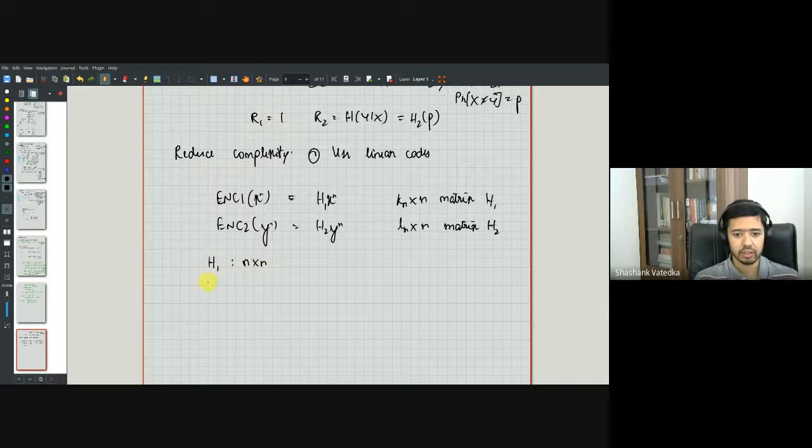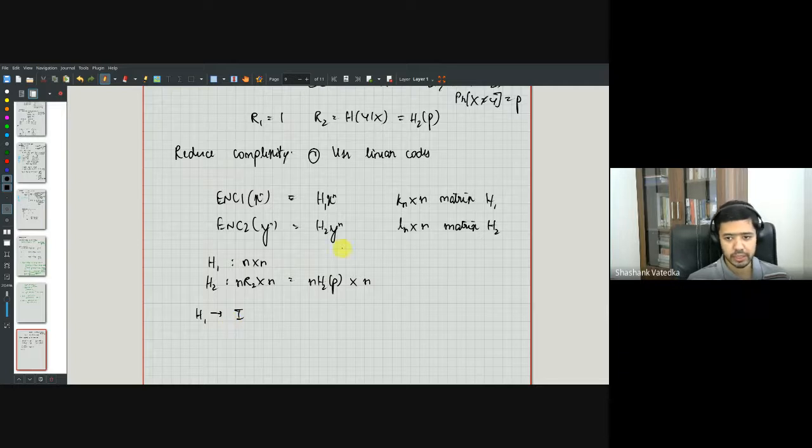All right. And H2 is therefore n R2 by n, which is n times H2(p) by n. Okay, so in this case we'll use H1 to be the identity matrix.